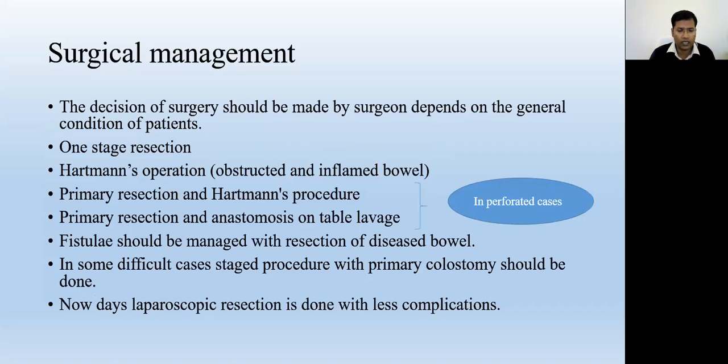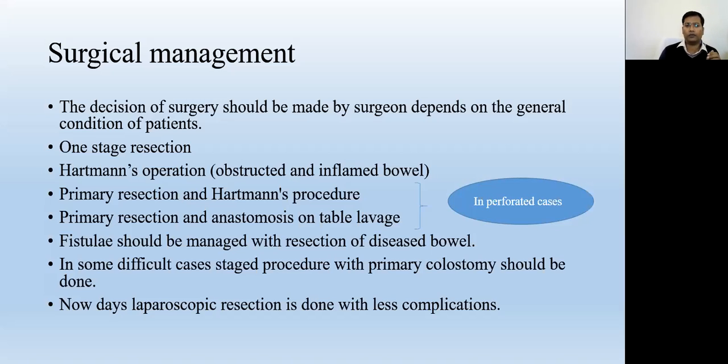In this, the primary resection and Hartmann procedure means that part of the bowel is resected, and in the Hartmann procedure we create a stoma outside the abdominal wall in the left iliac fossa, creating a colostomy, and the lower part, that is the rectum, the rectoanal stump, is closed.